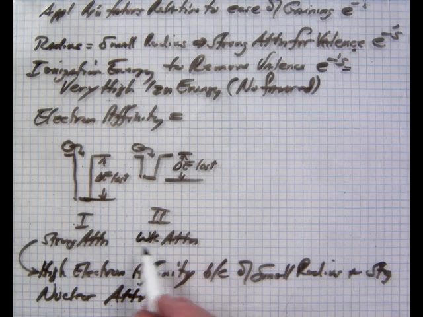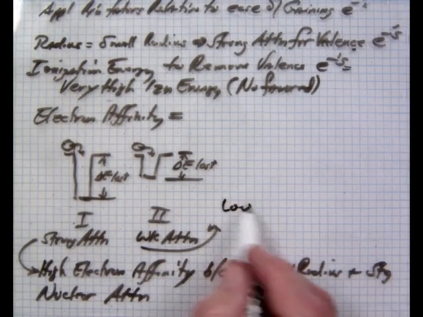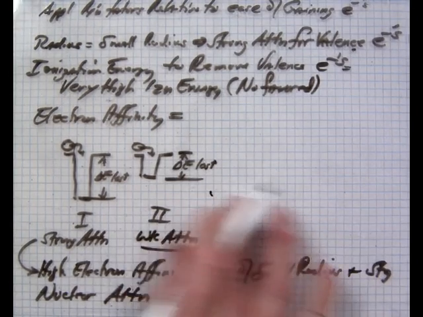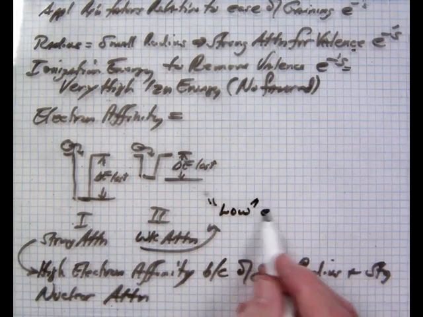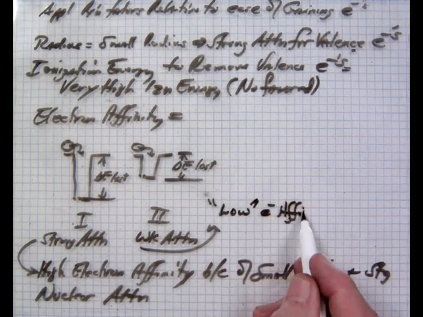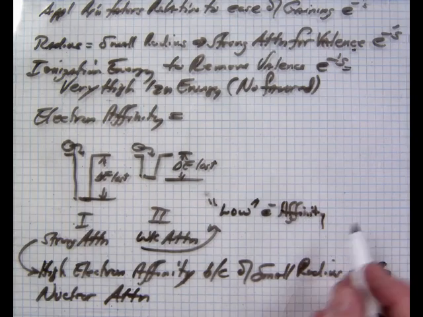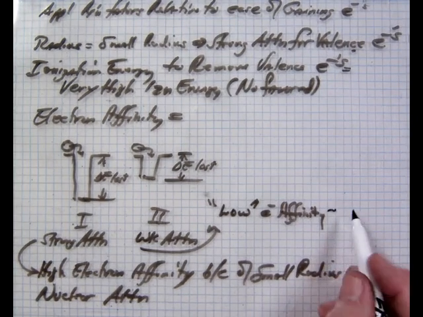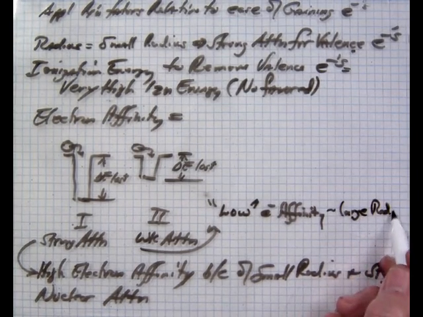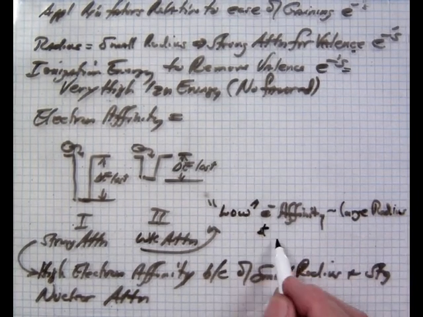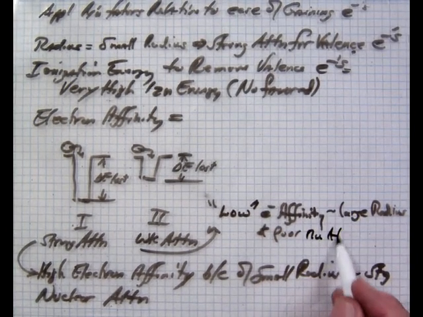So the weak attractions apply to a low electron affinity, which is a result of large radius and poor nuclear attraction.